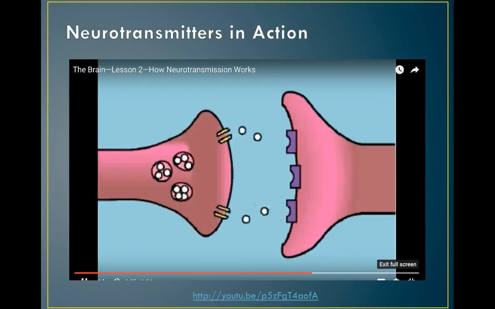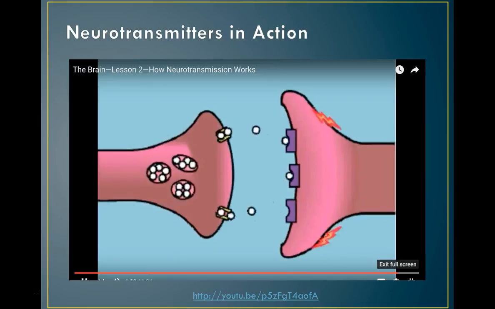Some of the neurotransmitter is degraded by enzymes in the synaptic space, and some of the neurotransmitter is carried back into the presynaptic neuron through transporter proteins. The neurotransmitter that is taken back up into the presynaptic neuron is then repackaged into vesicles that can be released the next time an action potential reaches the axon terminal.